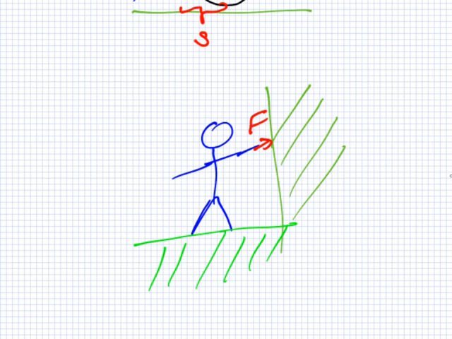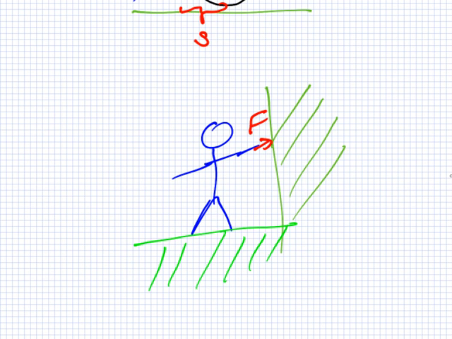So if the hand has more meat, more fat, the distance will be longer. Yes. So fat hands, more work. Now, of course, it's not really the type of problem we do because this distance is so small. So if you want, you can say it's no work because the distance is nearly zero.